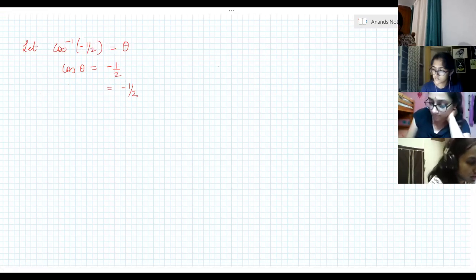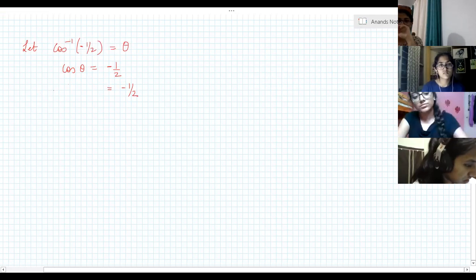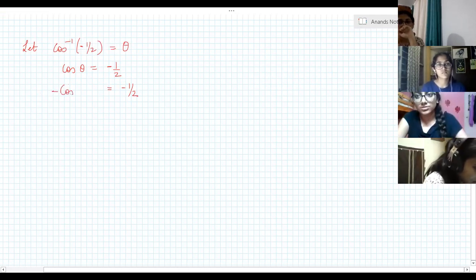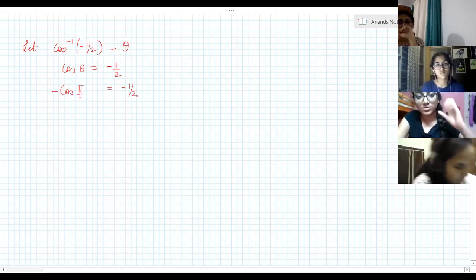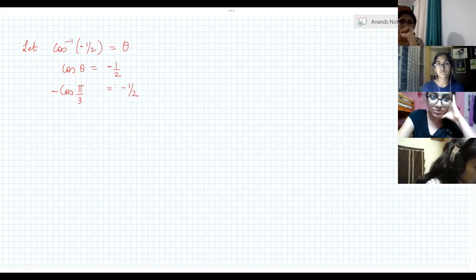Okay, so the simple way to do this: I know minus of cos pi by 3 is equal to minus half. Do you agree? You take the angle, put minus in front of it.